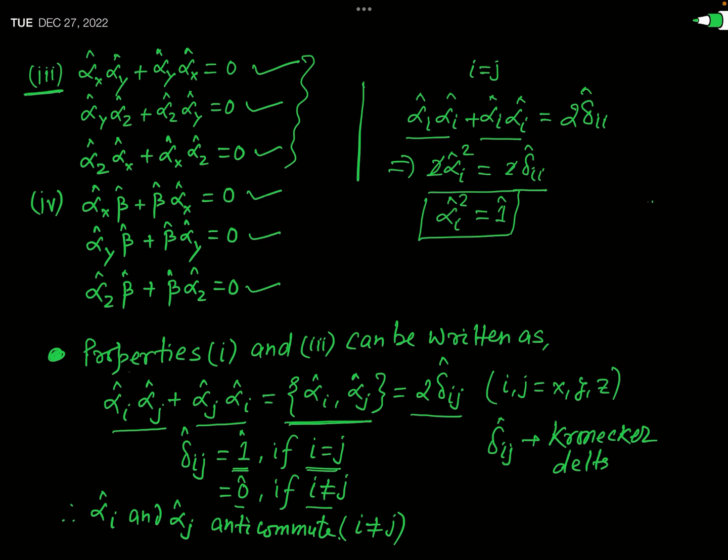And then we simply say that this alpha i and alpha j anti-commute with one another when i is not equal to j. This is actually called anti-commutator.